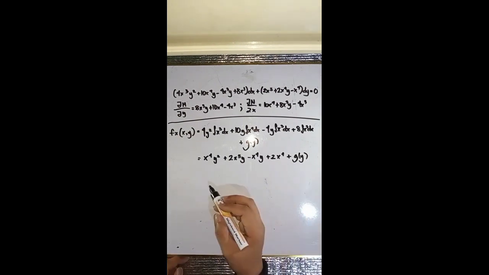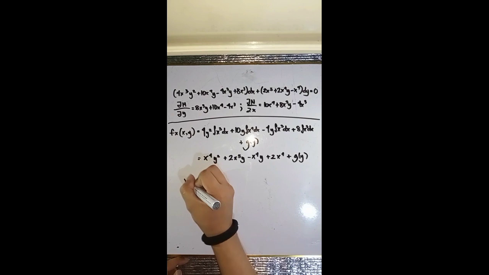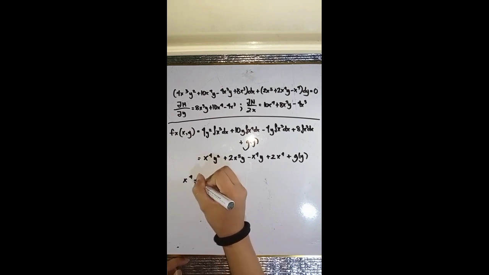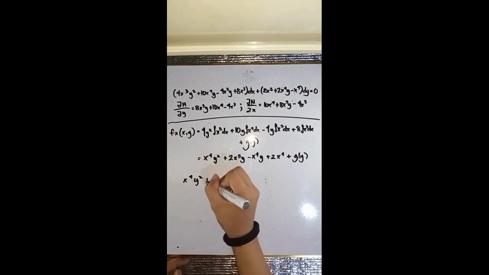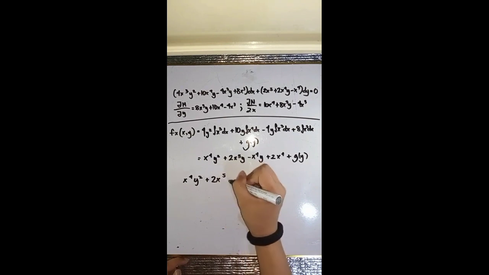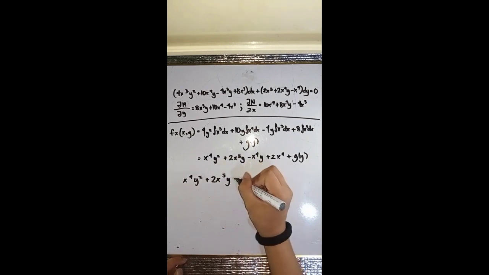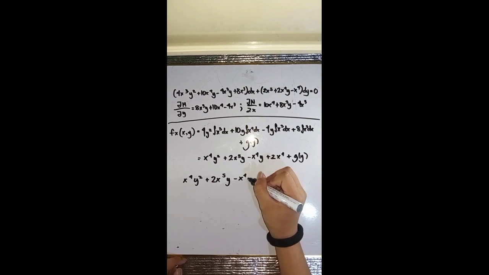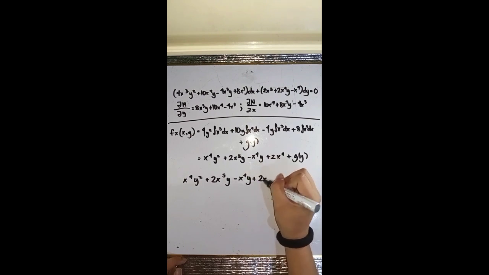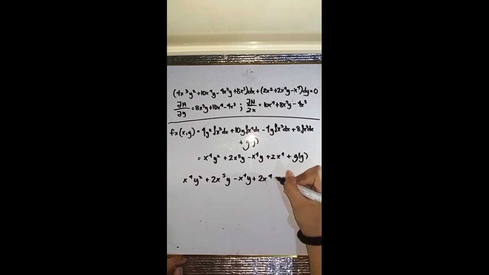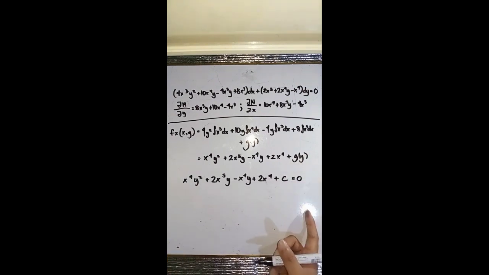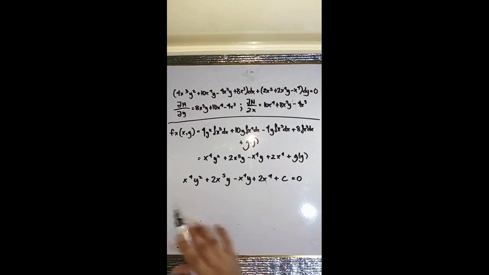Now using the result that we get from deriving the new equation in terms of y, we got the result c. So we're going to substitute it to the generic function g of y. So x to the fourth y squared plus 2x to the fifth y minus x to the fourth y plus 2x to the fourth plus the arbitrary constant c equals 0.